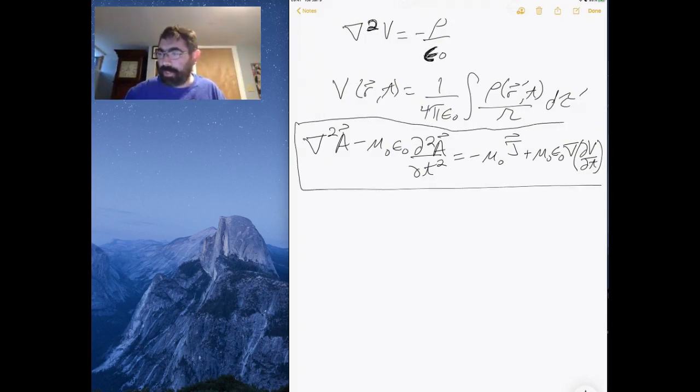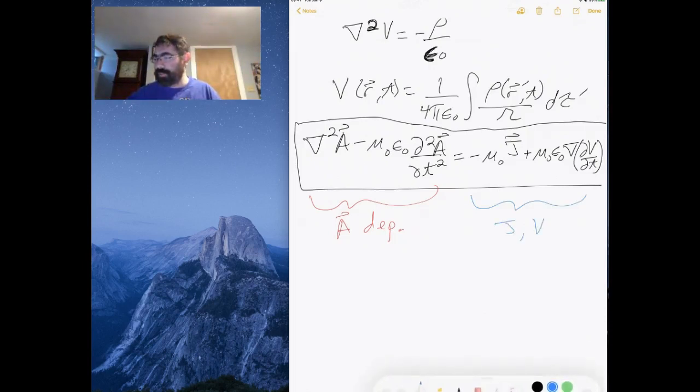Essentially what we did was choose the gauge where the divergence of A goes to 0. That eliminates the divergence of A part of this equation, and we're left with a second-order differential equation with A dependence on this side, and over here, what you get is J and V dependence. So we can do this nice separation where we separated the A's from everything else.